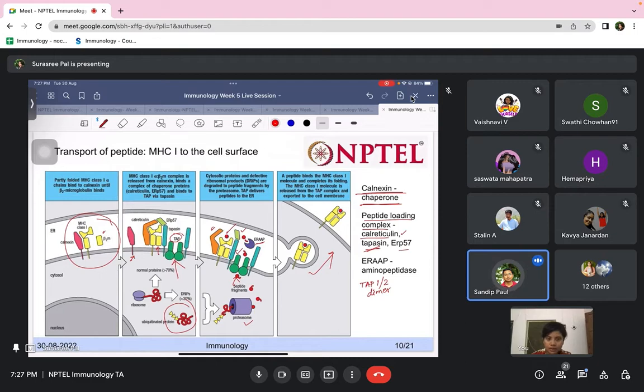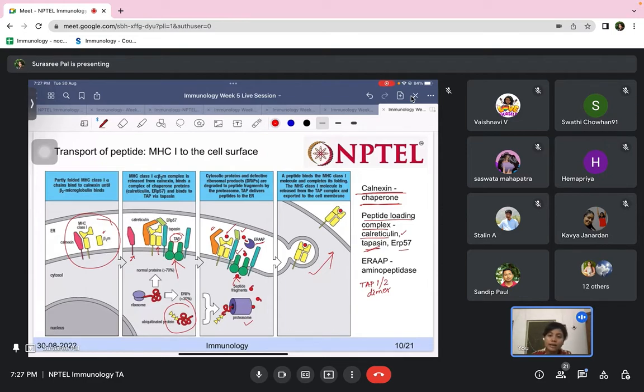Surasree, you asked what is the difference between TAP and tapasin. TAP is the transporter, and it is ATP dependent. It transports the protein and peptide fragments into the ER lumen from the cytosol.